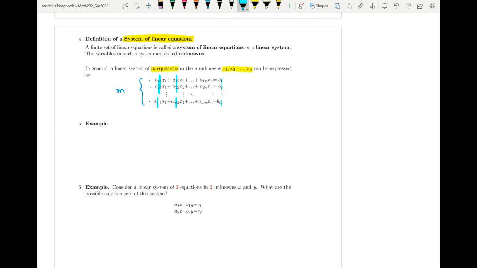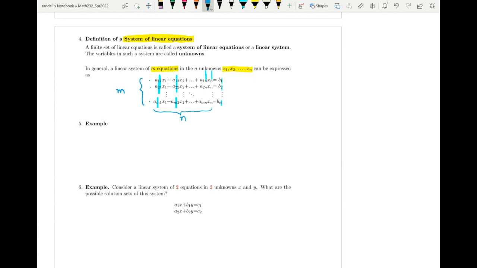So A11 is associated with the variable x1, a12 with the variable x2, and they end at a1n when you get to the nth variable. So along this direction we have n terms. So n this way and m up and down vertically, m rows and n columns. This is a nice orderly way to express a system of m equations and n unknowns, and this will be typically how we will use equations when we're faced with them.